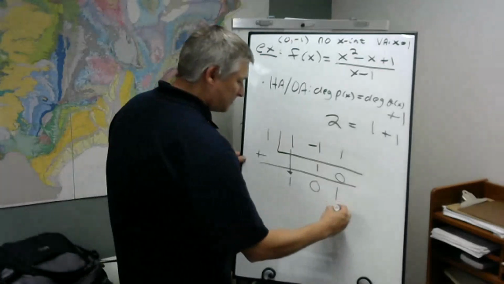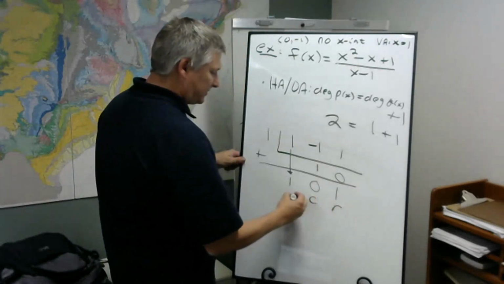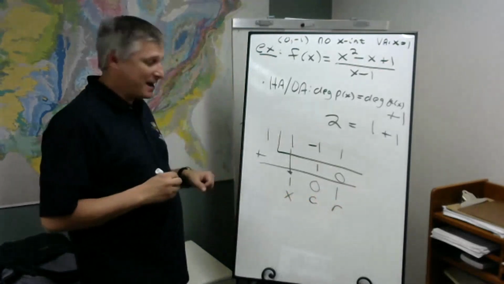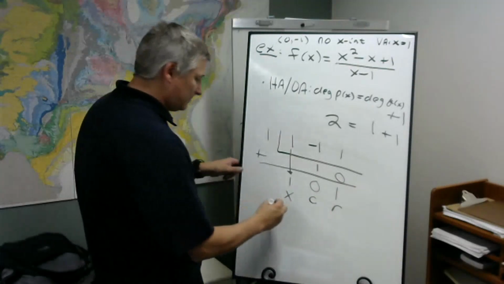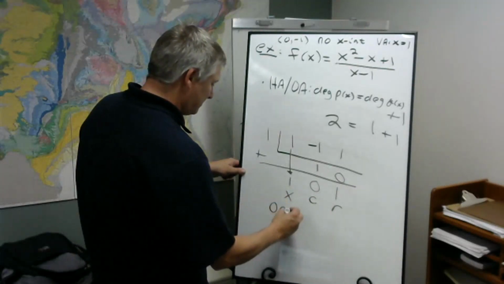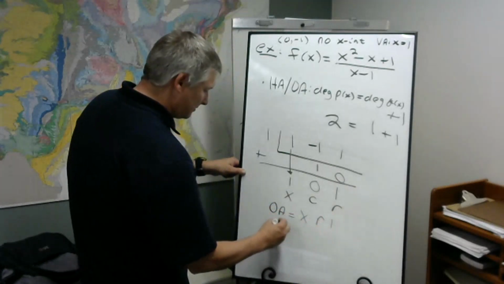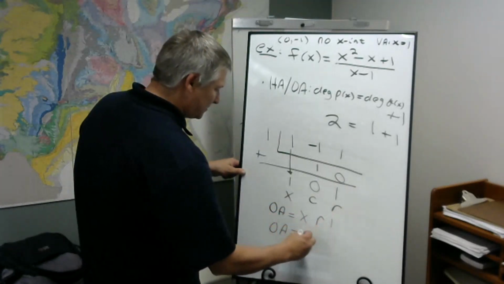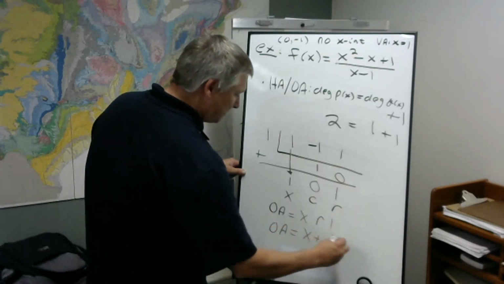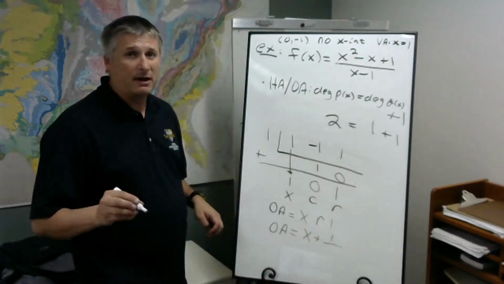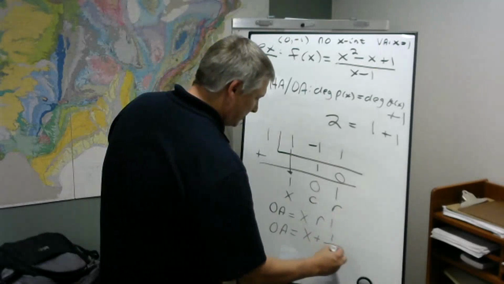And this is the remainder term, constant term, coefficient for x. So what we get is x remainder 1, or an oblique asymptote of x plus that positive 1 divided by the divisor, x minus 1.